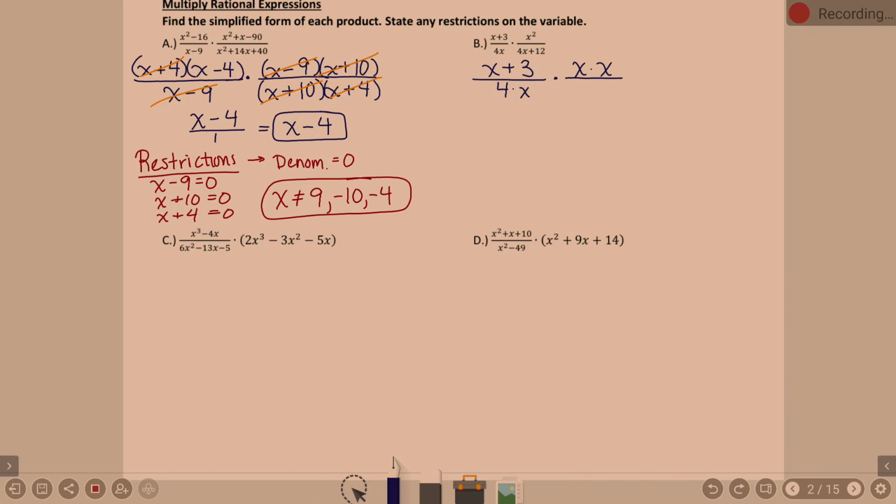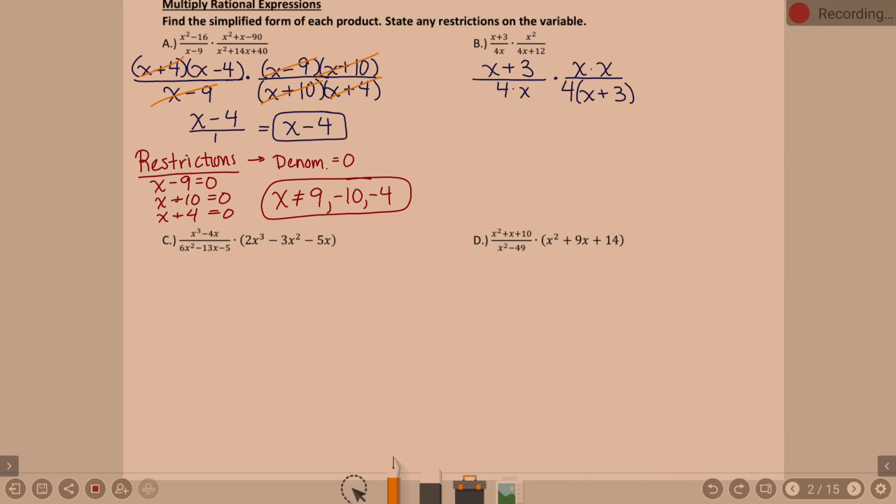Okay, the one piece of factoring we have on this problem: 4x plus 12. How can that factor? GCF of 4, yes. 4 and 12 both divide by 4, so put the 4 out front. What's in the parentheses? 4x divided by 4 is x. 12 divided by 4 is 3. Okay, guys. What cancels?